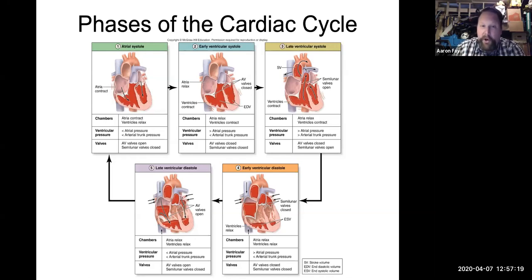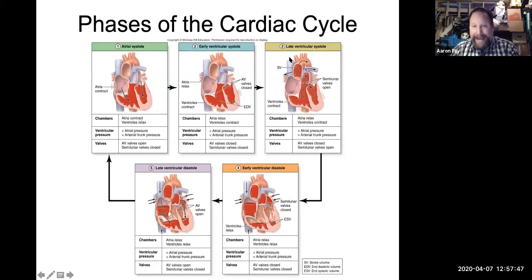However, in early ventricular systole, we have not yet generated enough pressure to overcome the pressure in the arteries. So the semilunar valves remain closed. So we have an increase in pressure to close the AV valves, lub, but we have not yet generated enough pressure to overcome what's in the arteries, so semilunar valves stay closed.